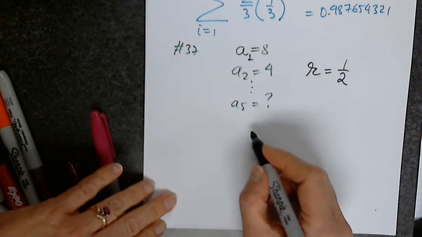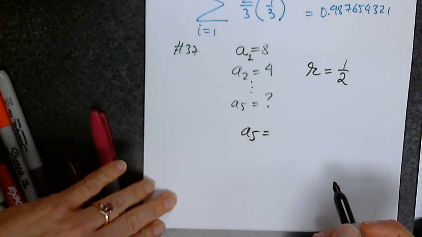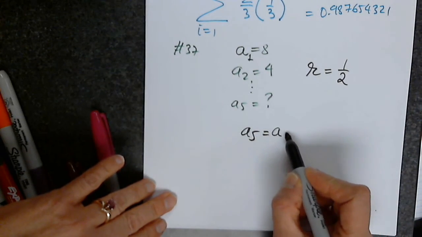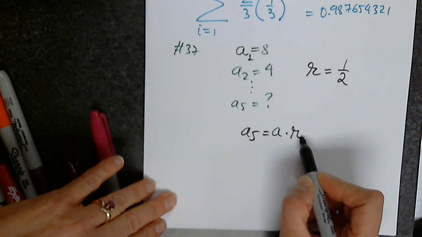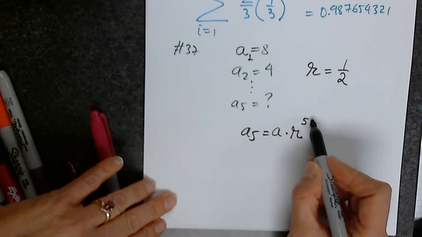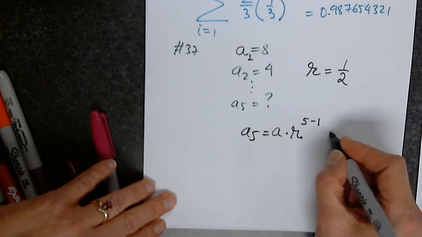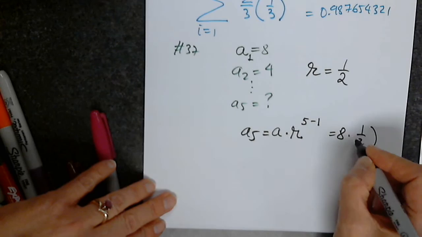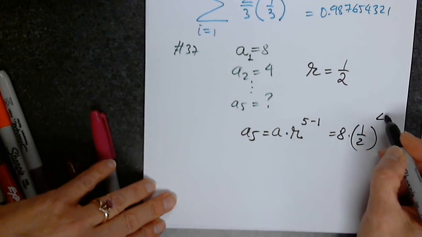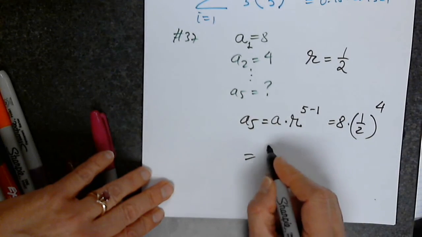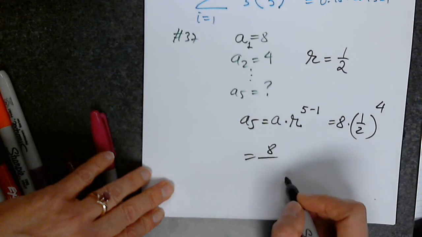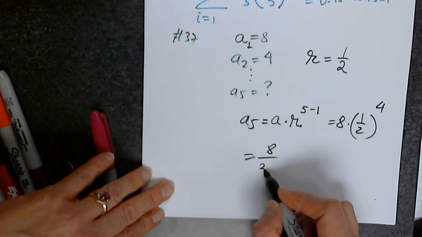So therefore, A5 will be A times R to 5 minus 1. So 8 times 1/2 raised to the 4th power. So this is 8 divided by 2 to the 4th, which is 16.